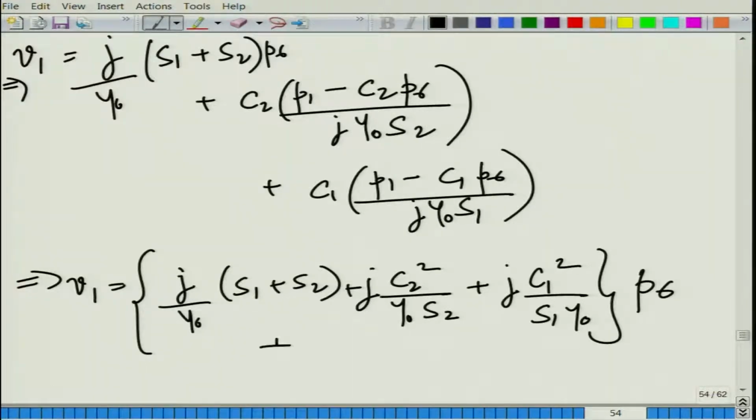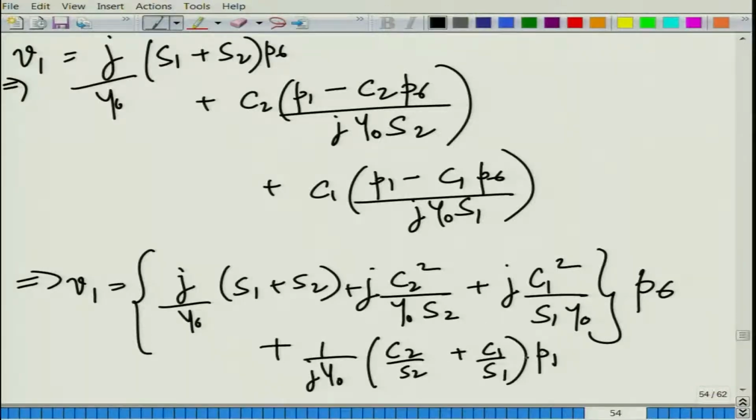Now, plus you have j Y naught, which can be taken common, and C2 by S2 and C1 by S1, and this is P1. Okay. So we are going to get these expressions.